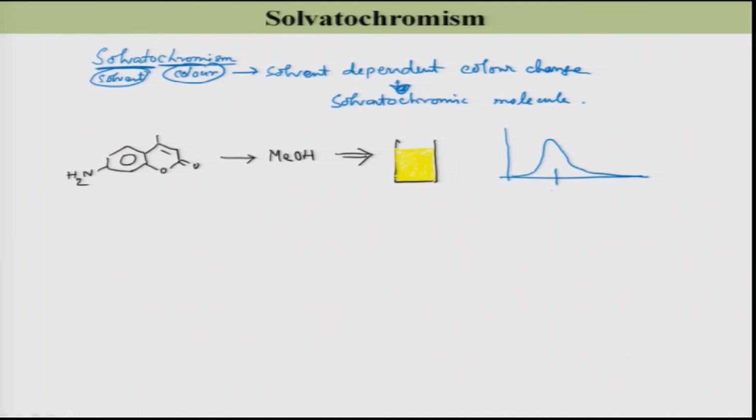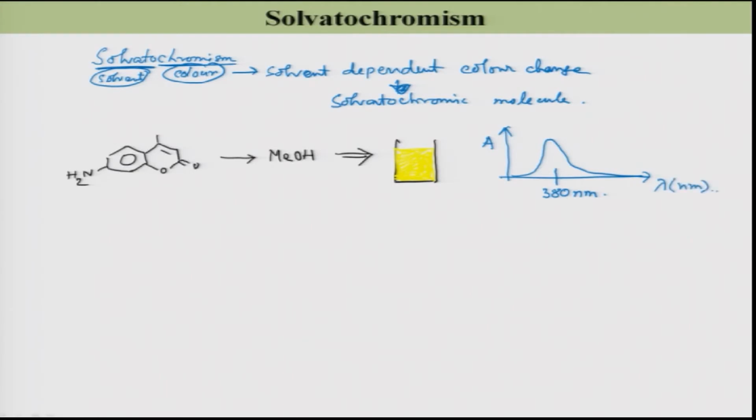The absorption maxima is around 350 nanometer, which is down to UV blue color, or maybe it is 380 nanometer, right. Okay. So, this is my absorbance, this is my wavelength in nanometer.